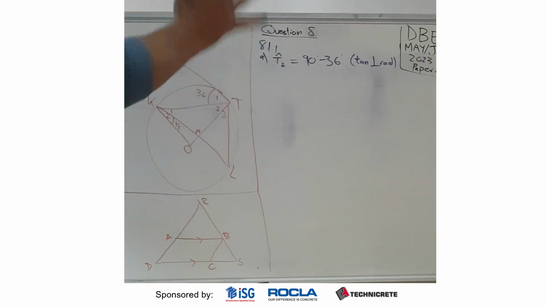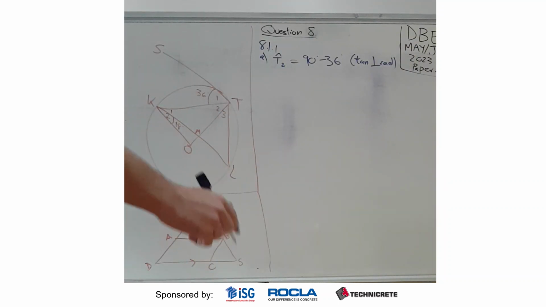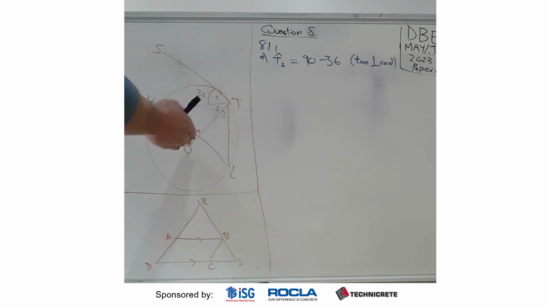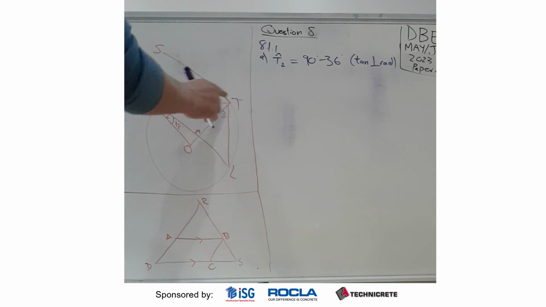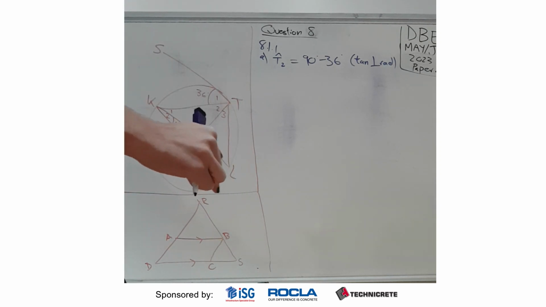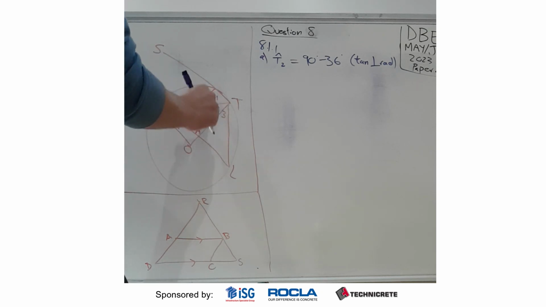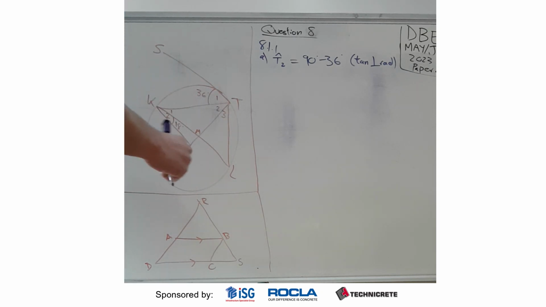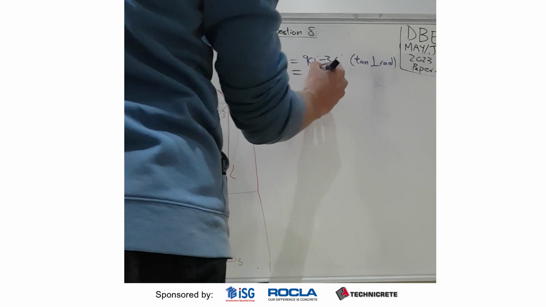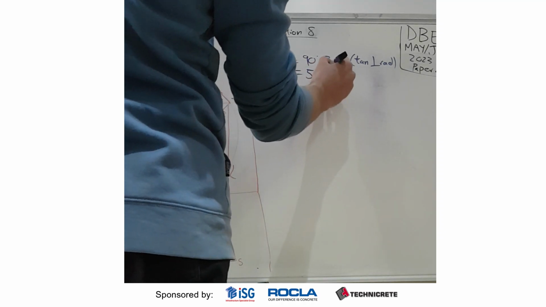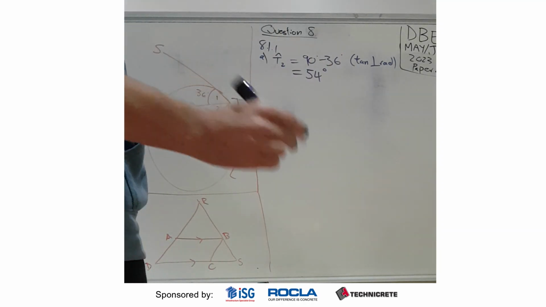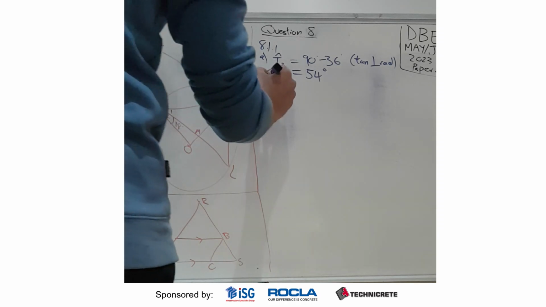Sorry, I forgot to mention, but the paper mentions that ST is a tangent. Alright, so we have this radius here and a tangent. They're always going to be perpendicular. So T1 plus T2 should be 90 degrees. That's how we get to this. Alright, that's an easy one.